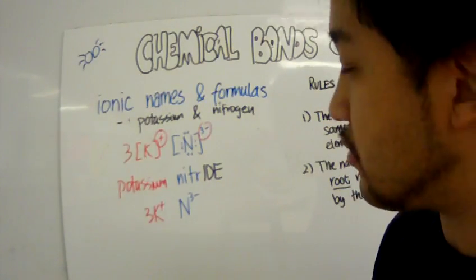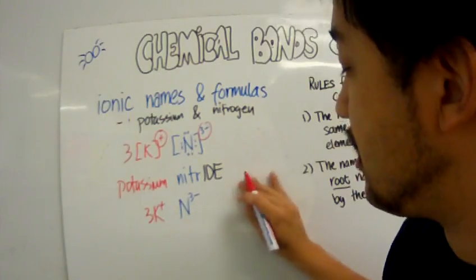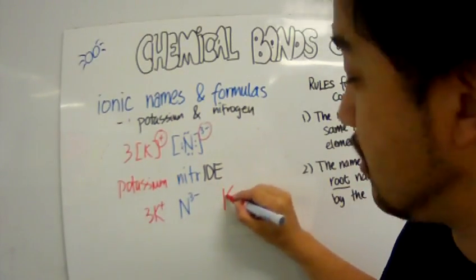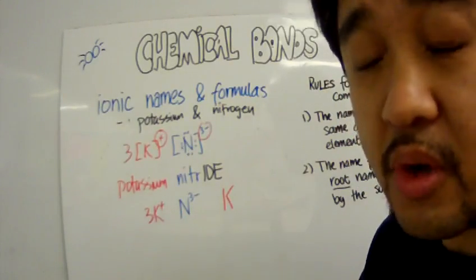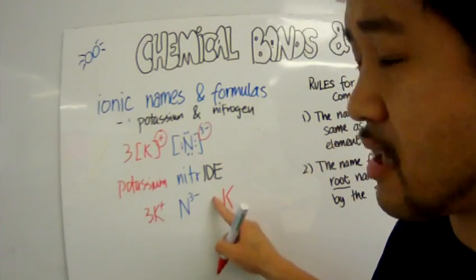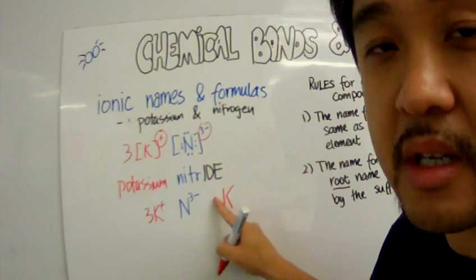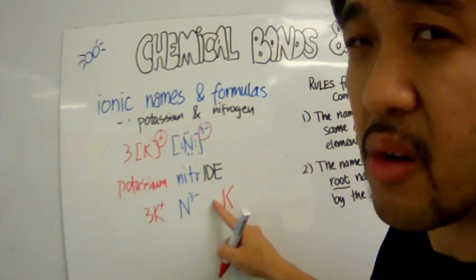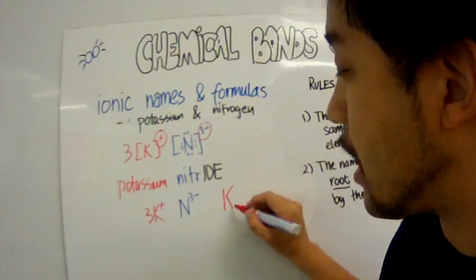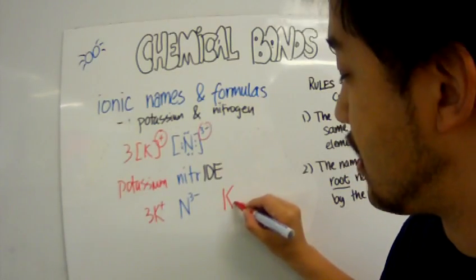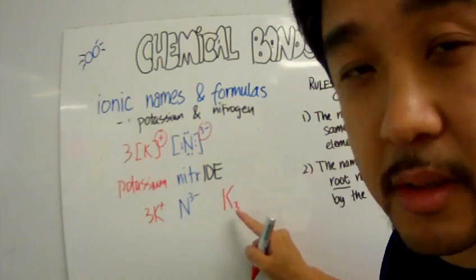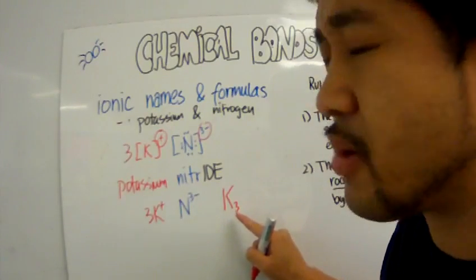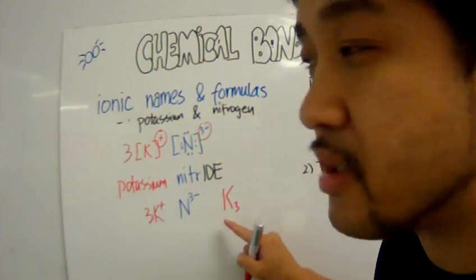So the formula will be written like K to represent potassium. And how many Ks do you have? You have 3. So instead of writing it in front of the K, like you normally would for algebra or whatever have you, chemists write the 3 at the bottom right corner of the potassium symbol. This is to indicate that you have 3 potassium.